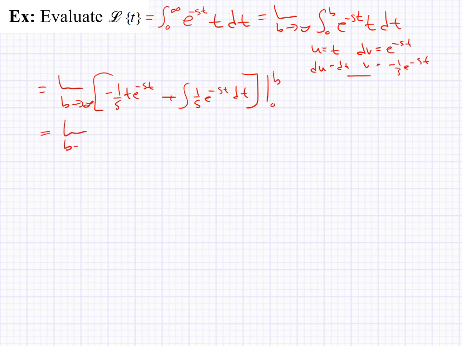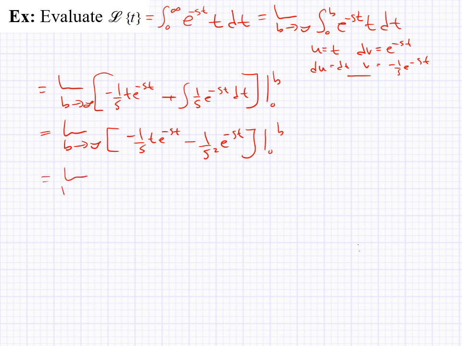So then we have the limit as b goes to infinity of negative 1 over s t e to the negative st. This integral is going to give me negative 1 over s squared e to the negative st between 0 and b. I'll plug in b and I'll plug in 0.